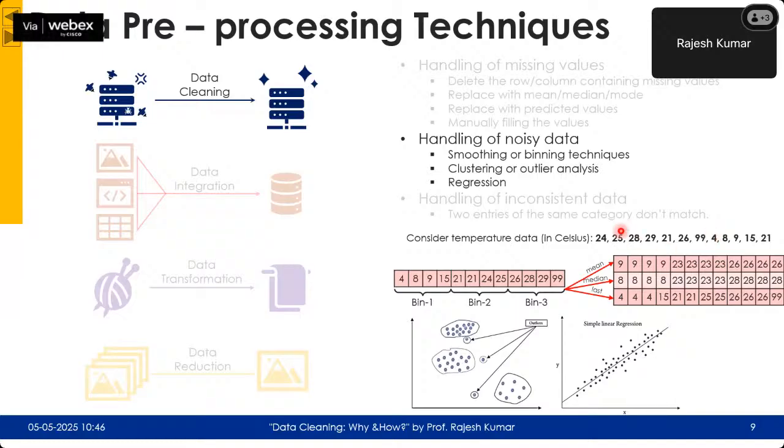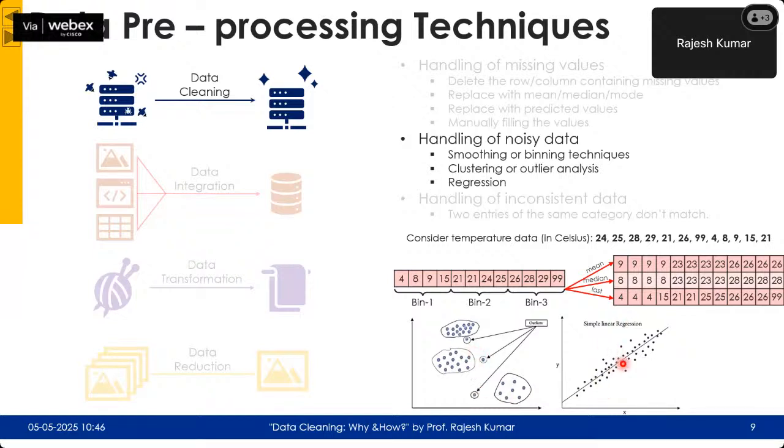So you can see here, you can make bins, and from the bins, you can identify if there is something which is an outlier. You can go for averaging, you can apply median, you can apply clustering. You can see some of the data which are outside the clusters, so that means they are outliers.